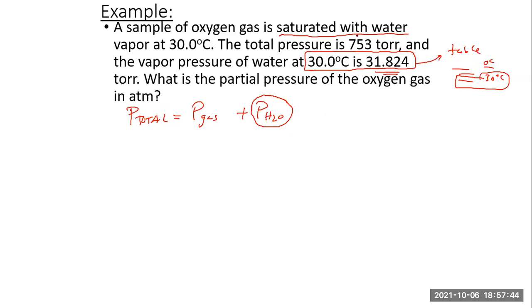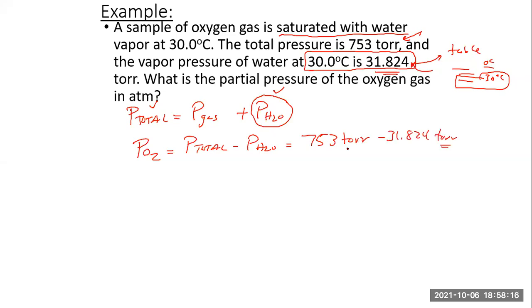In that table at 30 degrees Celsius, you would see this number listed. The total pressure was also given to us in the problem. So we have the total pressure and the vapor pressure of water. That means we can rearrange for the pressure of oxygen, which is what we're looking for: total pressure minus the vapor pressure of water, which comes from a table. That means we take 753 torr minus 31.824 torr.